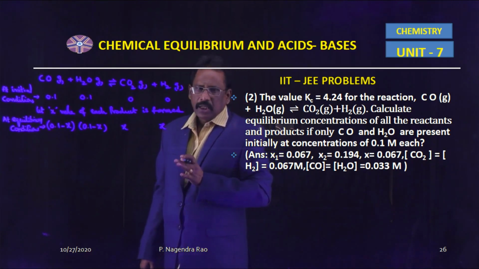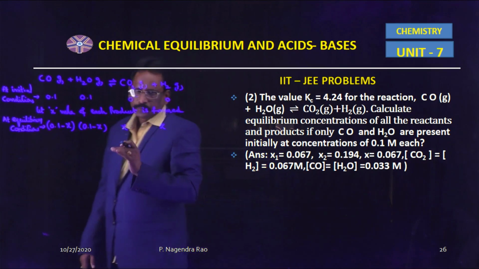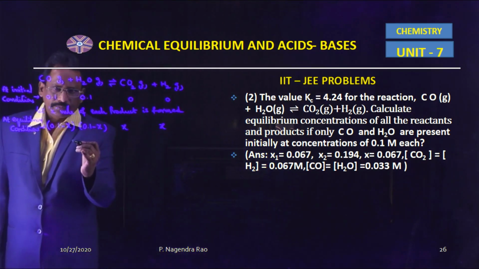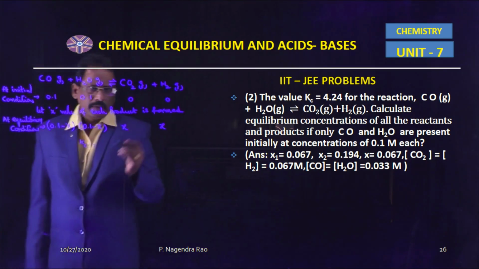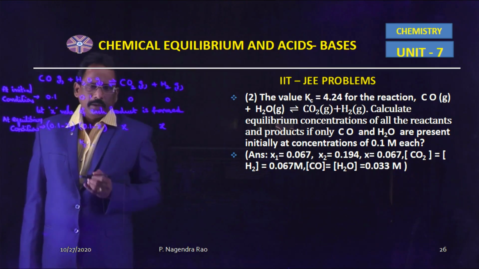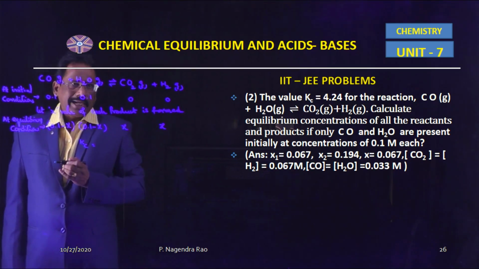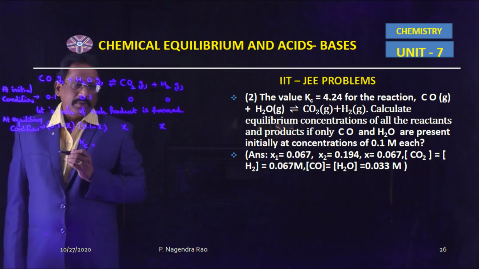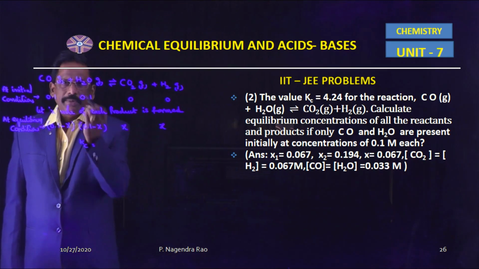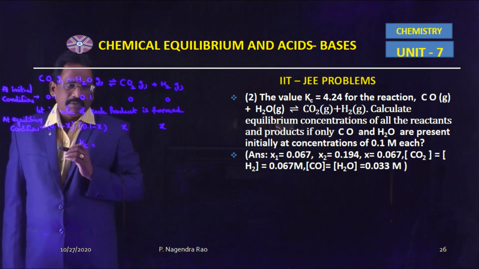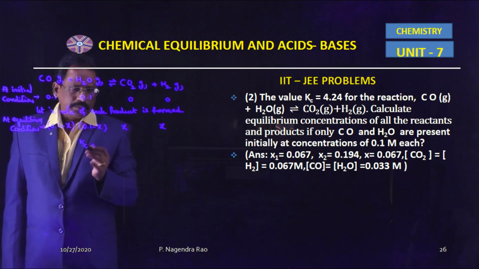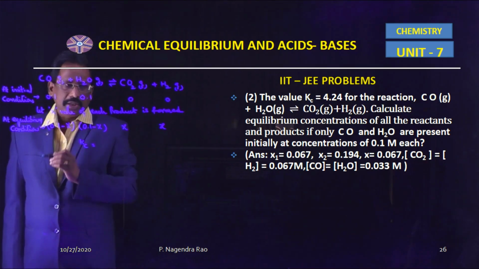Now apply the law of chemical equilibrium. Kc is equal to the product of the active mass of CO2 into the active mass of dihydrogen divided by the product of CO gas and water vapor. So Kc is equal to the product of these at equilibrium conditions, not at initial conditions.